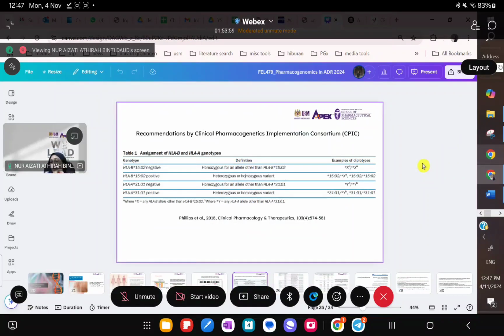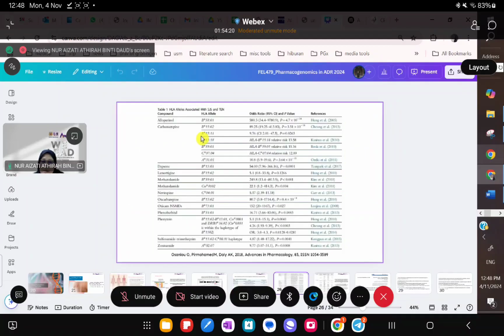So usually for SJS10 related to carbamazepine, usually the main marker that we would expect, we will test for HLA-B 1502 and HLA-A 3101. So that would be the main marker that we need to test.